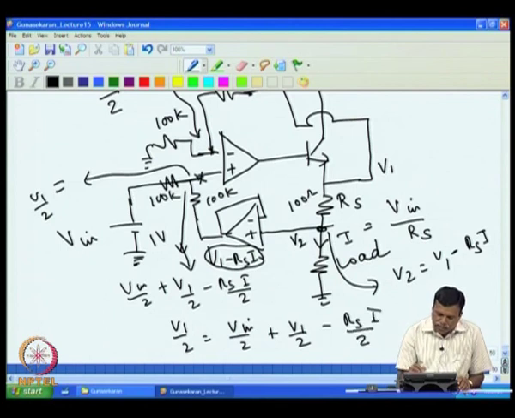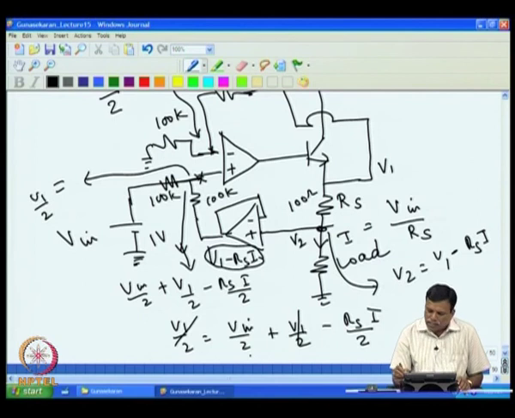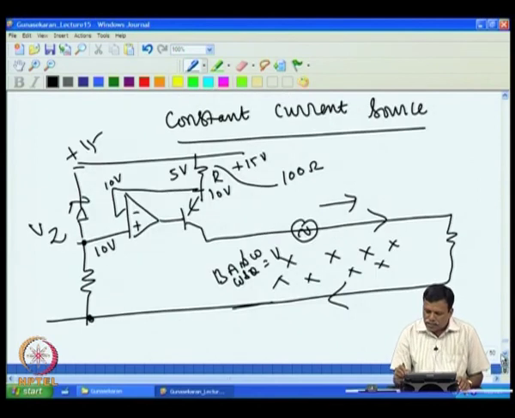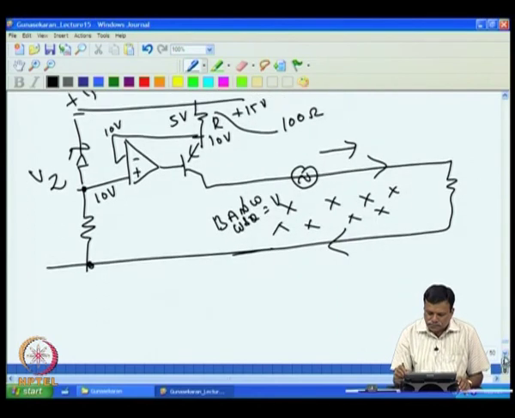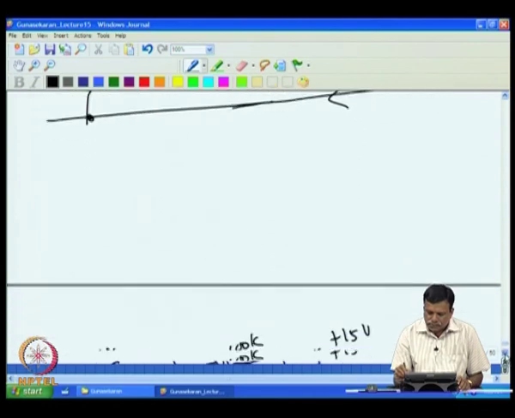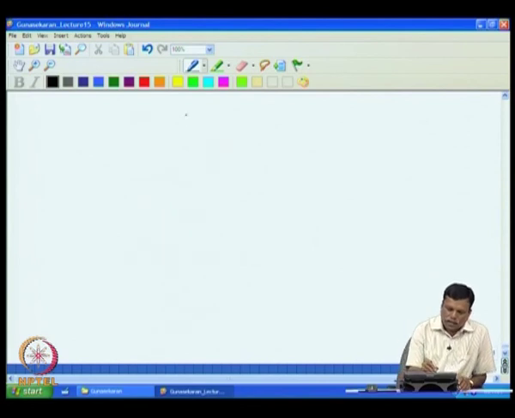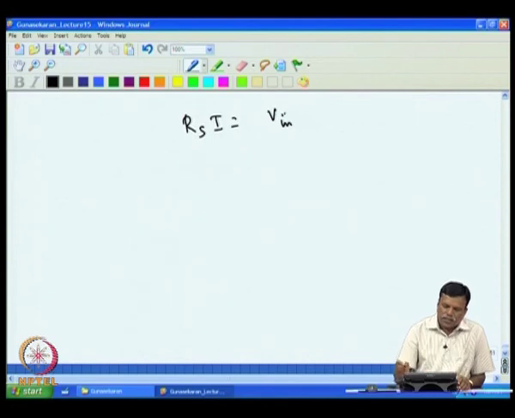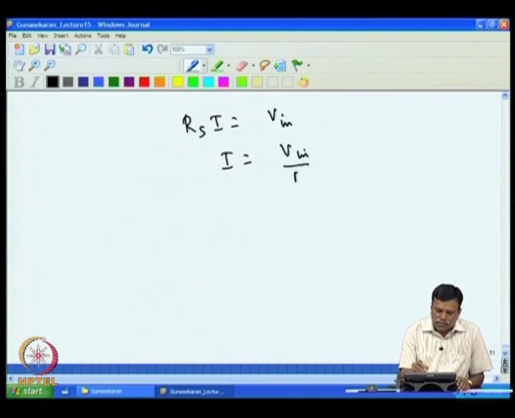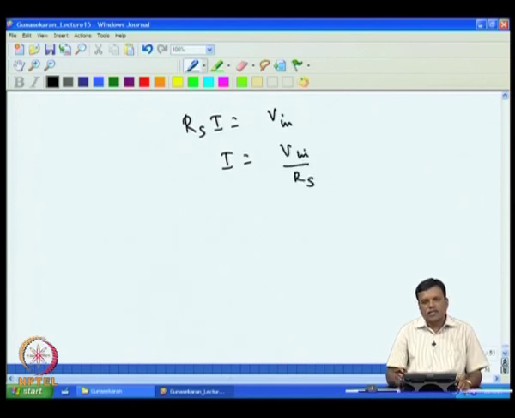Actually, you will get the V1 by 2 terms cancelled. So, you will find Rs into I by 2 is equal to V in by 2. That will give Rs into I equal to V in. So, that is why the current I is given by V in by Rs, and that is why the current is maintained constant.